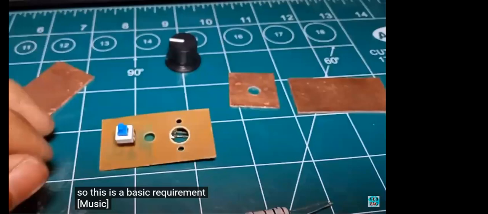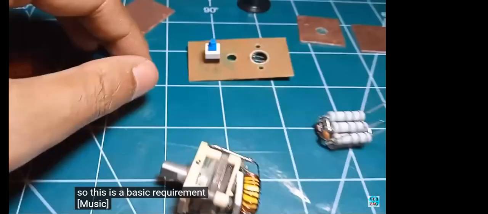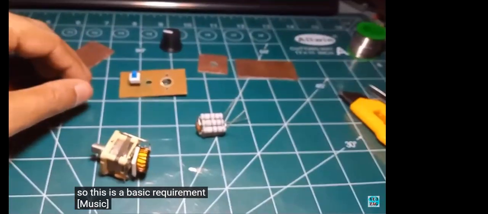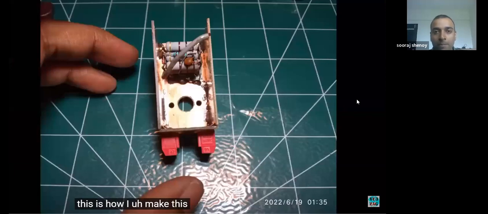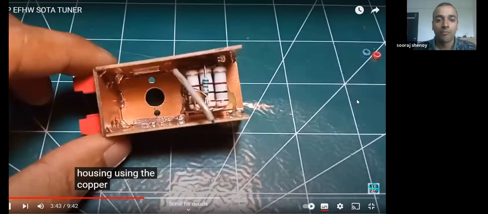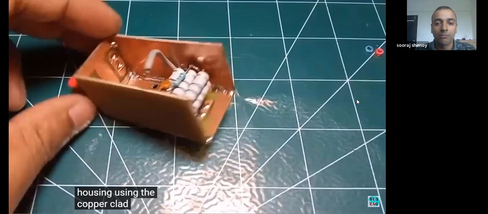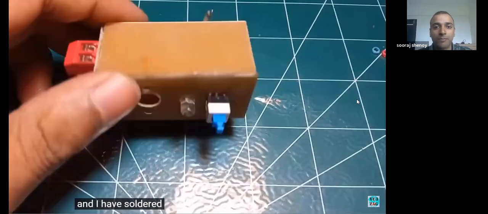So this is a basic requirement. This is how I make this small housing using the copper clad, and I have soldered a few of the components on it.